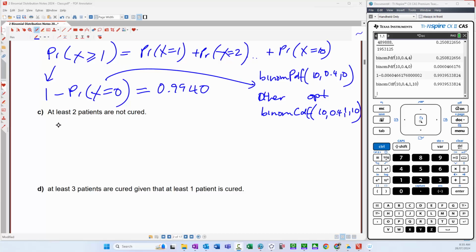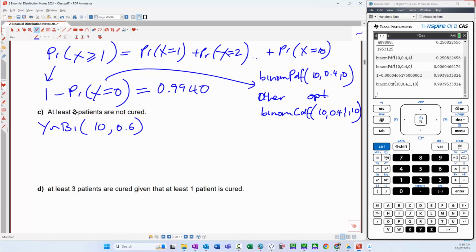So a way I've found to get around these ones is to actually just define a new distribution. So we're going to say Y is binomial, and we're doing the trial 10 times still. And the success is, this time, going to be not cured. So that's going to be success in this case, because that's what we're looking for in this particular distribution, not cured.